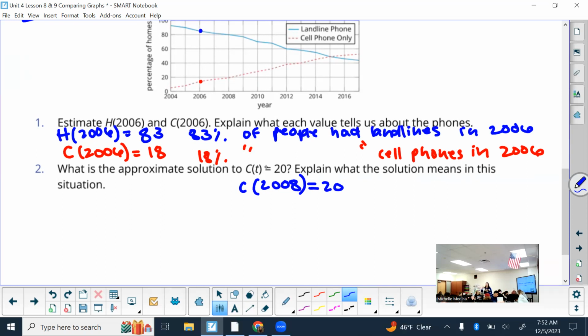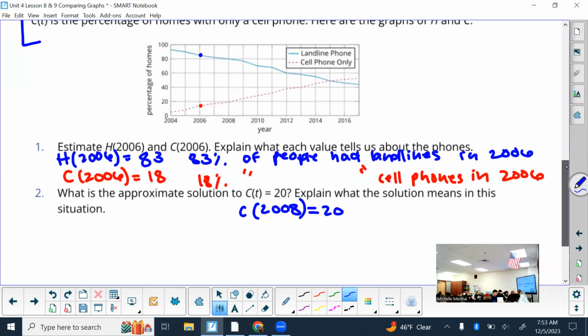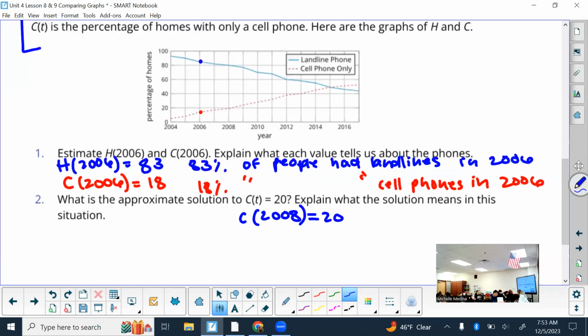It's usually F of X. But they did give us a value, so that value must be an output. So make sure you're looking at function C, that's the cell phone one, so look at the red line. Find where the output is 20, see where it hits on the line. I would agree, that's 2008.